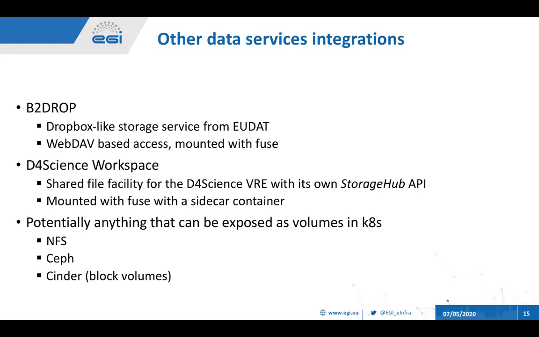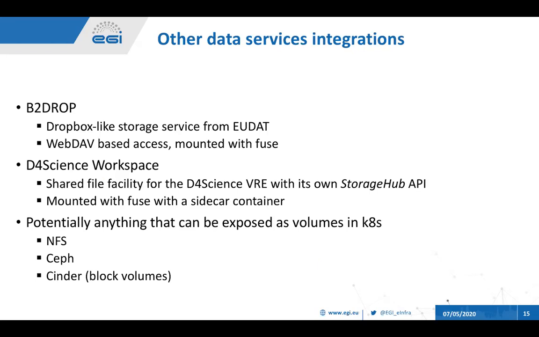D4Science is a VRE system where you can have a shared file facility, and it has its own Storage Hub API. So we have used the different components of the Storage Hub API to mount with FUSE the file system into the notebooks. We use in this case a sidecar container, which is just a technical detail.